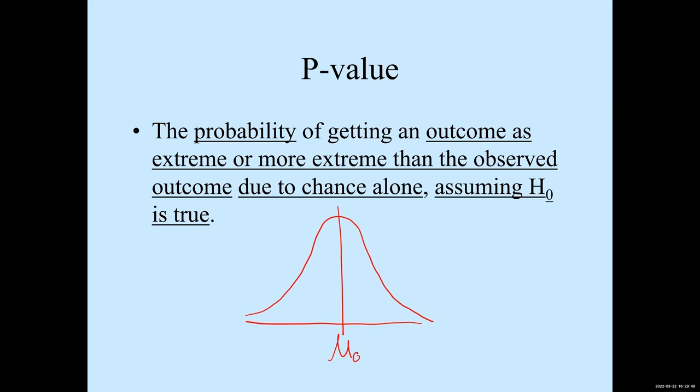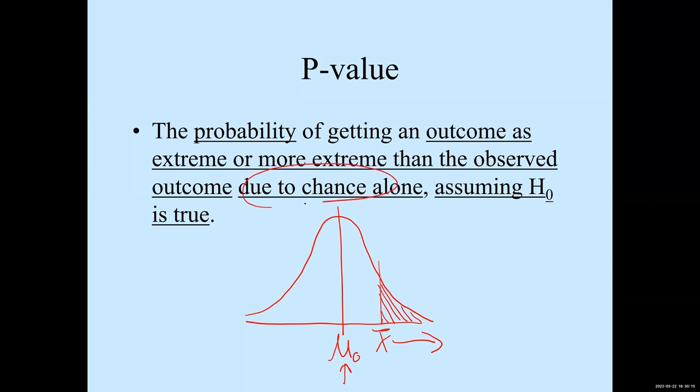I'm assuming my H sub 0 is true. That's this part. What's the probability of getting an outcome as extreme or more extreme than the observed outcome? That's what I'm doing when I put my X bar on here and I find the probability that's further away.